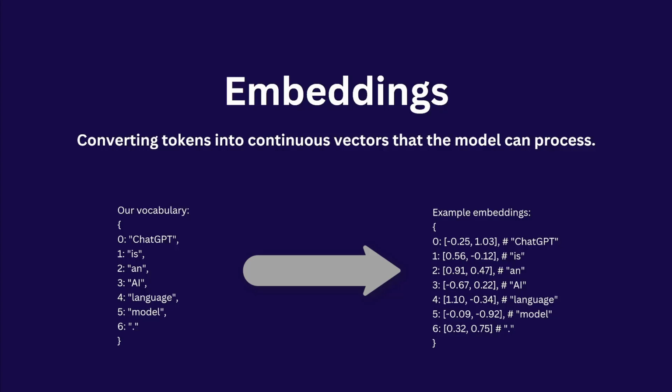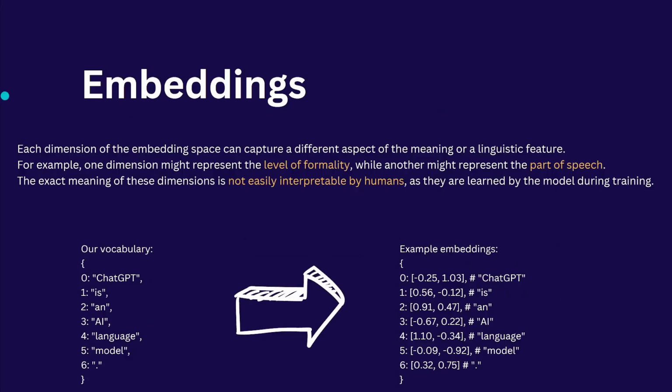These vectors represent the semantic and the syntactic information of the tokens and enable the model to identify the relationships between them. So embeddings are really important for capturing the meaning of text and enabling the model to generate coherent and contextually relevant responses.